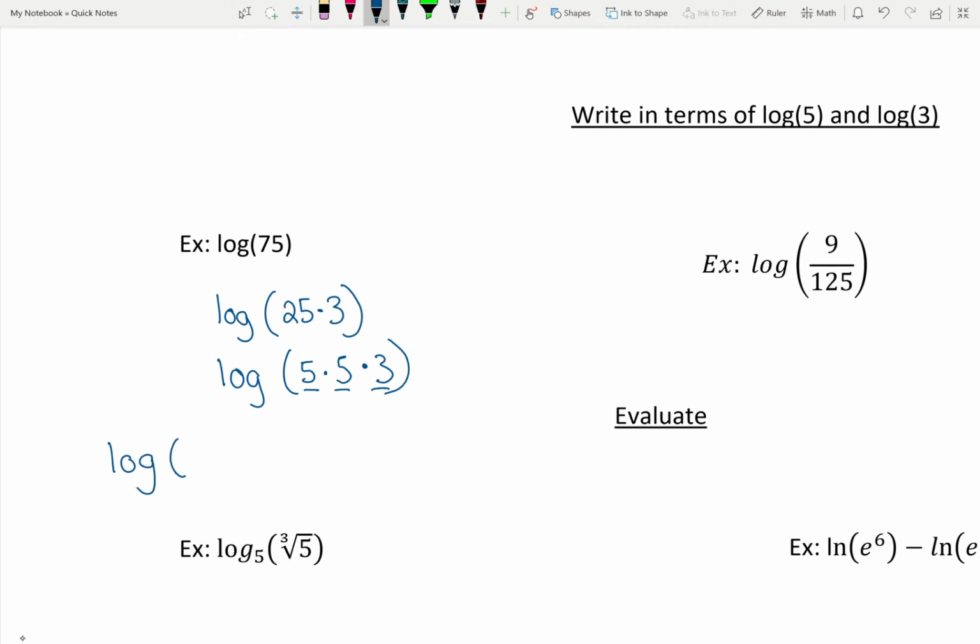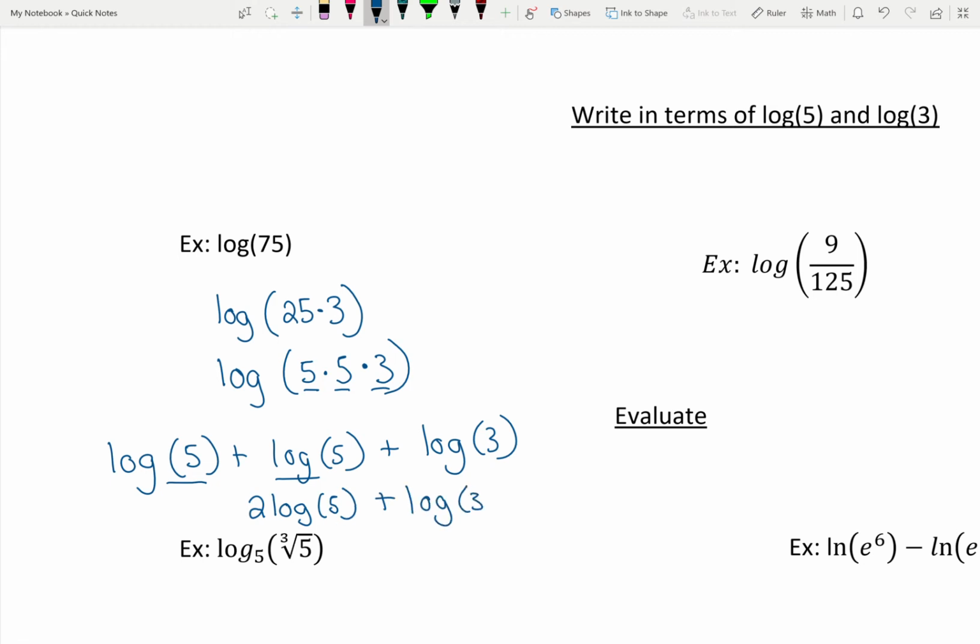So I can have log of 5 plus log of 5 plus log of 3. Almost done. What's log of 5 plus log of 5? Well, it's like saying what's x plus x? It's just 2x. So I have 2 log of 5 plus log of 3. So that's our final answer.